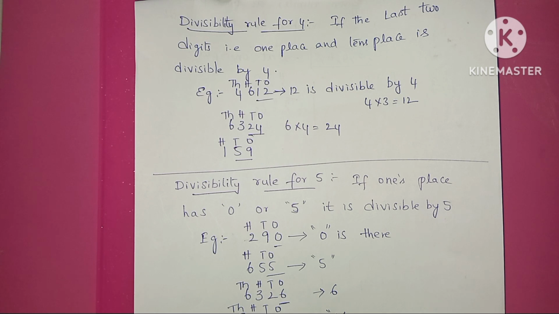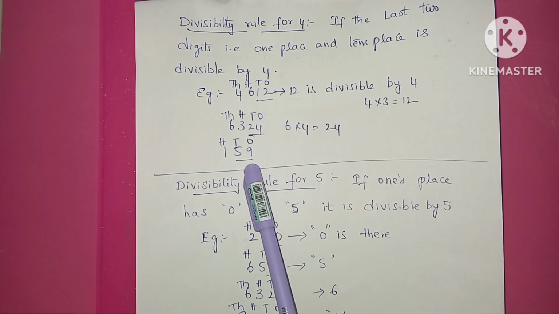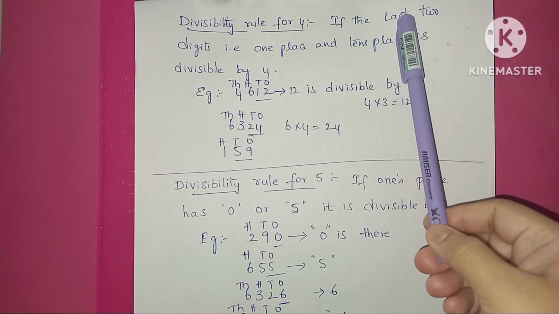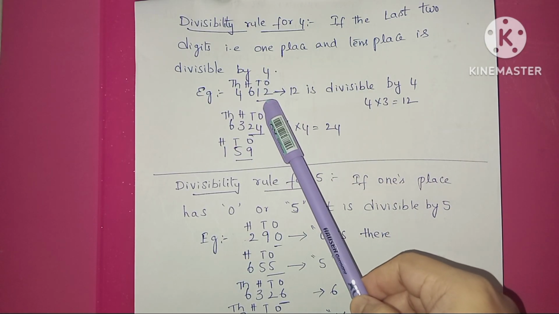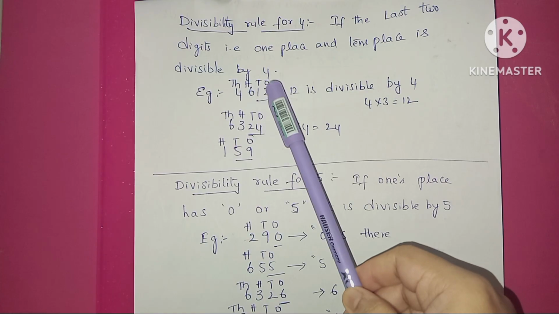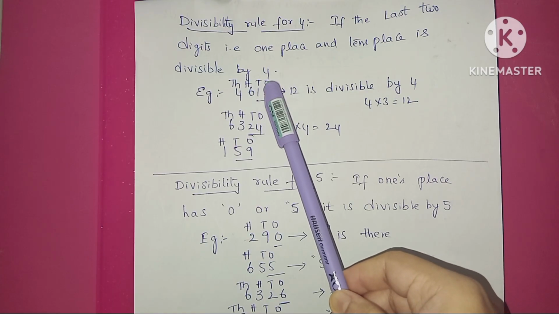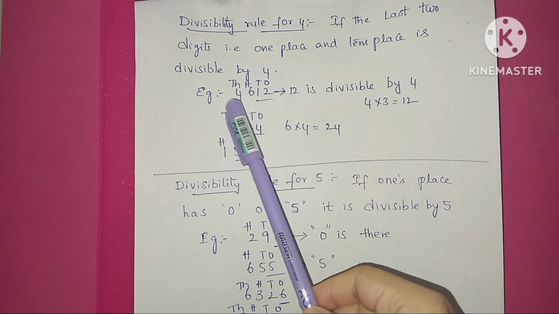We should know the rule. First of all, if a number is given, it may be 3 digits or 4 digits, the last two digits, that is the ones place and tens place. Always you should write backwards: ones place, tens place, hundreds place, thousands place.